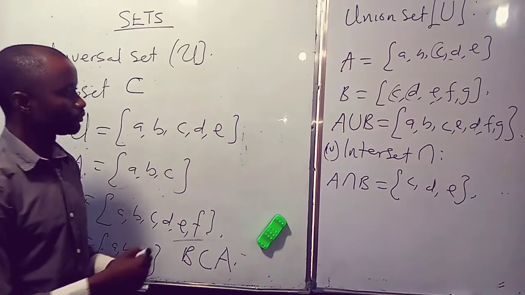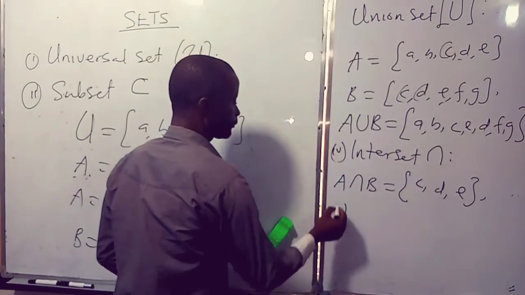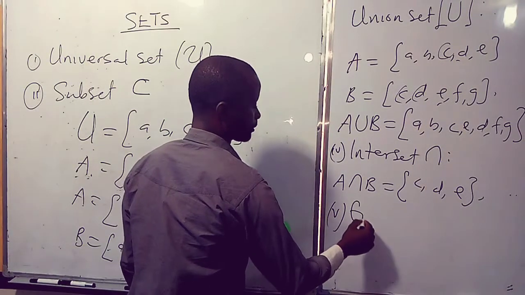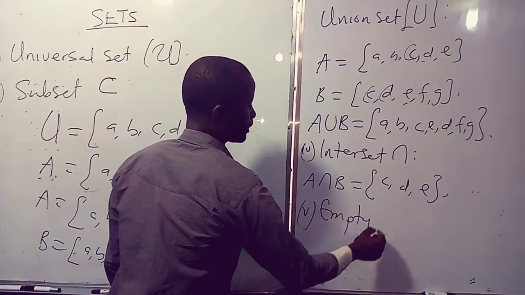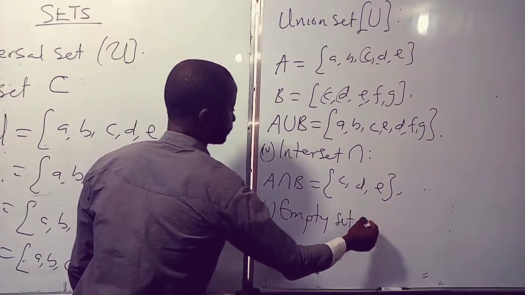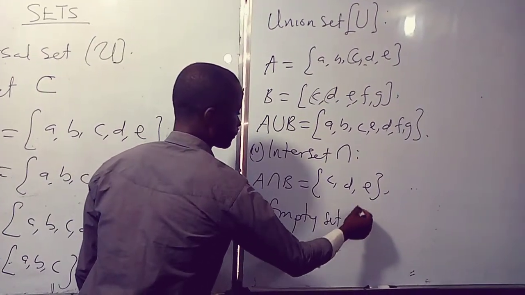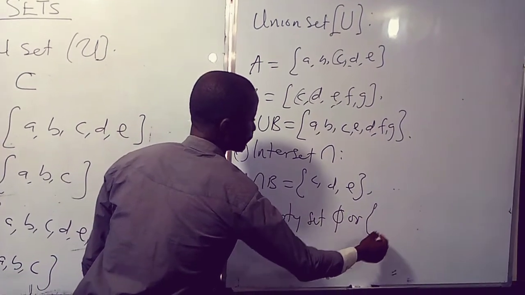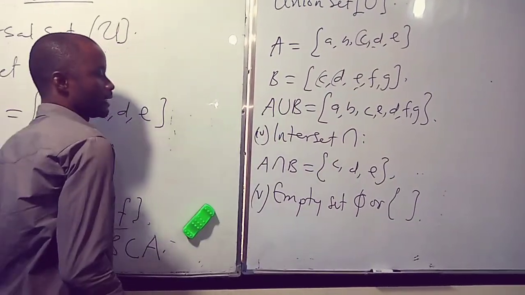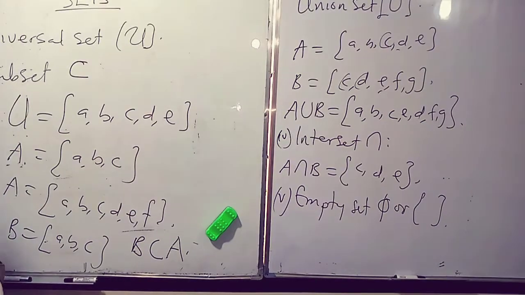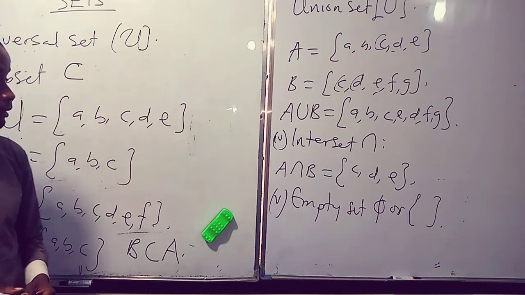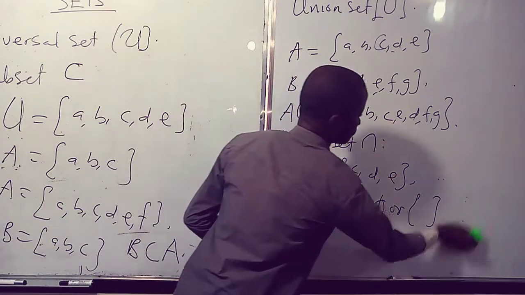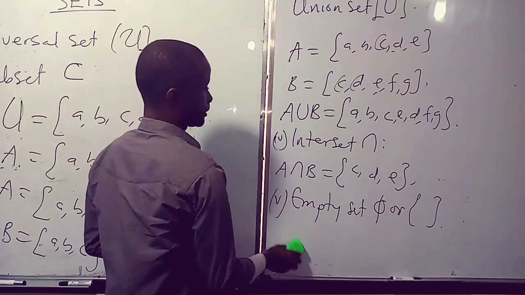And then the next one, the fifth one, is called the empty set. What is the empty set? With this symbol, or when there are no elements present in the subset, you call that set the empty set.